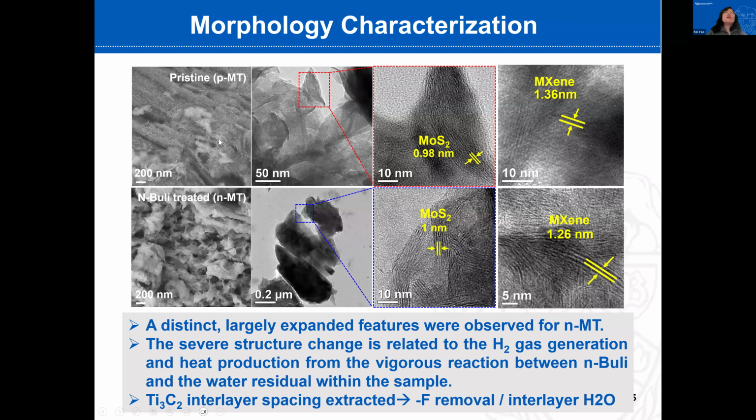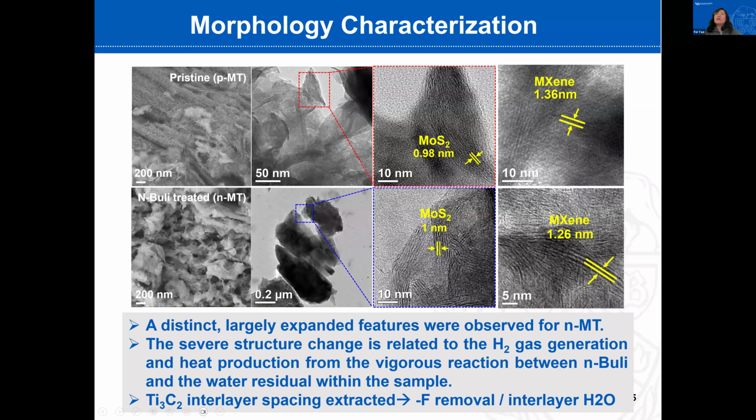What we found is that we have a largely expanded feature in the n-butyllithium treated sample compared to the pristine ones. Also, the interlayer distance for the MoS2 doesn't change much, but the MXene interlayer distance shrank a little bit. This is due to the hydrogen gas generation and the heat production from the vigorous reaction between the n-butyllithium and water residues in the MXene samples.